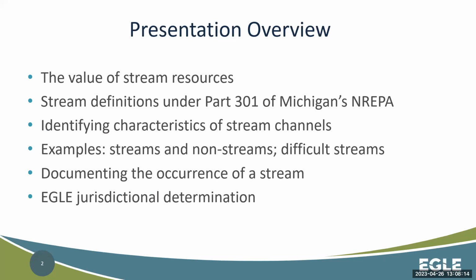Identify some of the characteristics of stream channels, and then provide a number of examples of streams and non-streams, and also difficult stream calls. I'm going to talk about documenting the occurrence of a stream and how to do that and what's important. And then I'll talk a little bit about EGLE jurisdictional determination.